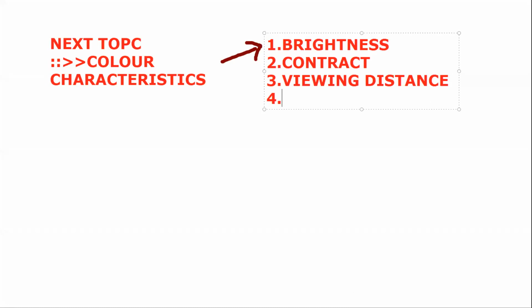Now note the fourth characteristic, which is simply called luminance. Luminance or brightness is the amount of light intensity perceived by the eye regardless of the color.